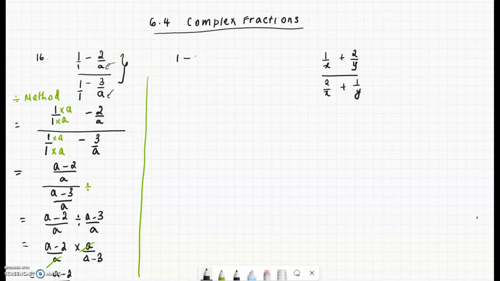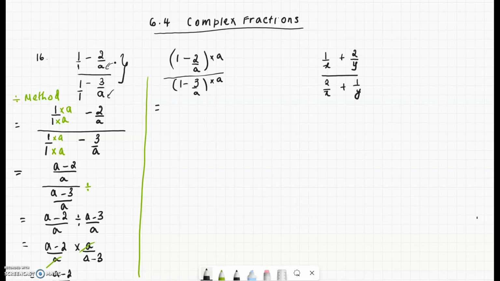we have 1 minus 2 over a, and we're going to multiply with a because that is the LCM of all the denominators, not just the numerator. And then we have 1 minus 3 over a, and then we multiply by a.